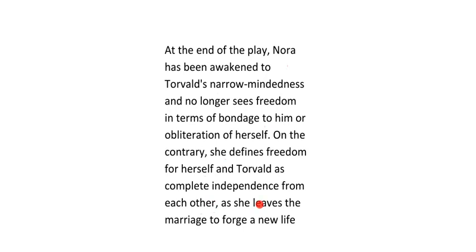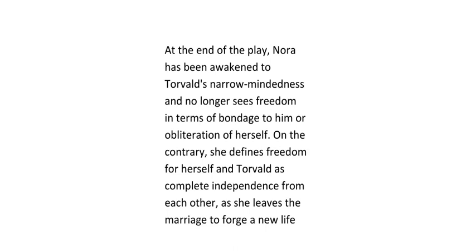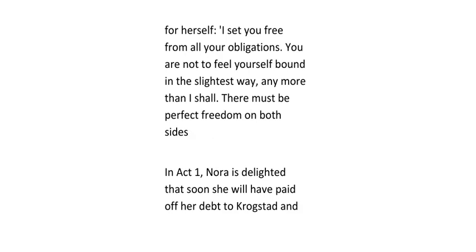As she leaves the marriage to forge a new life for herself, she says, "I set you free from all your obligation. You are not to feel yourself bound in the slightest way, any more than I shall. There must be perfect freedom on both sides."